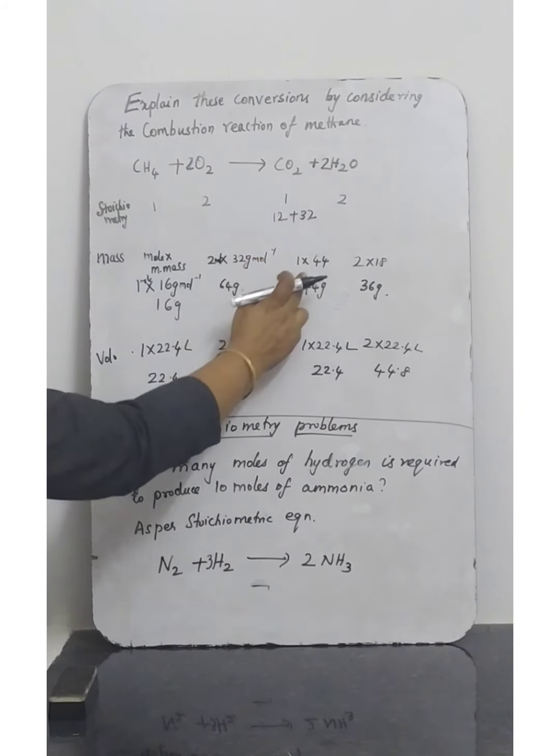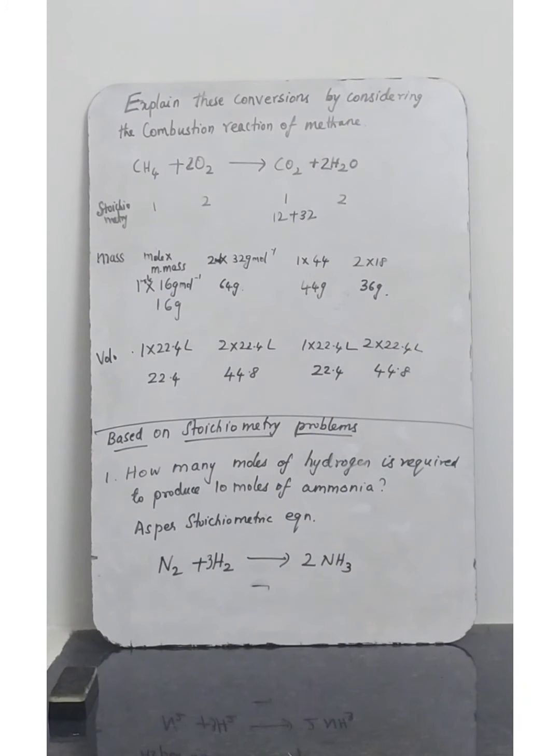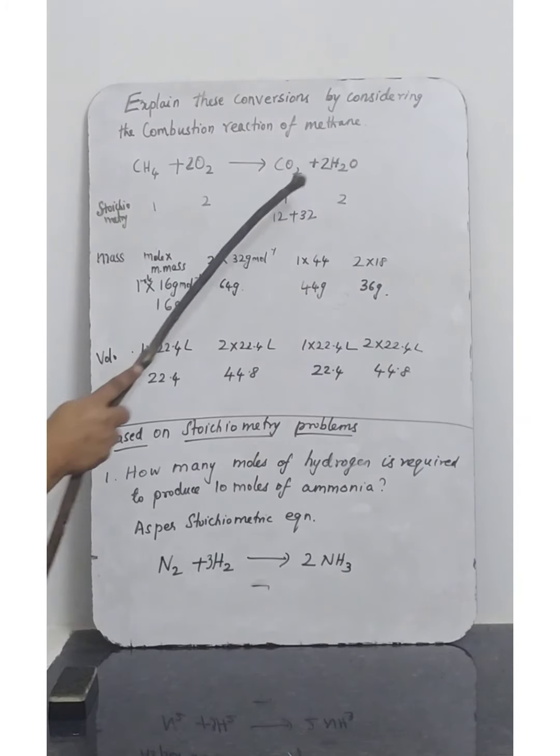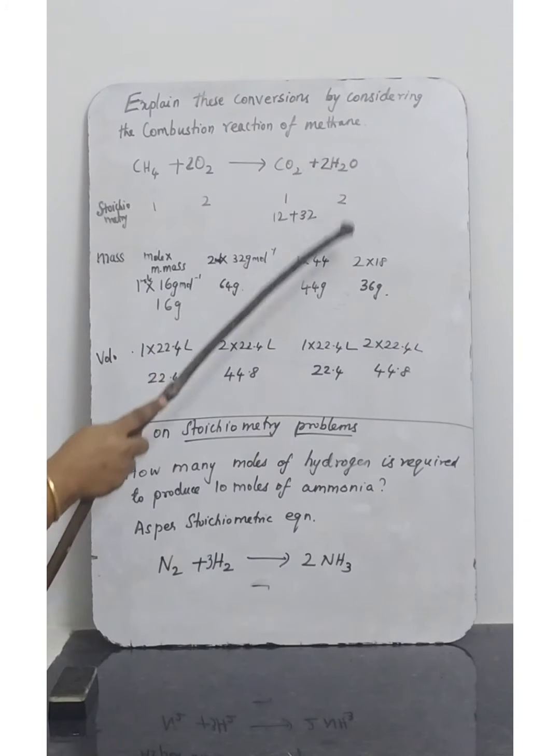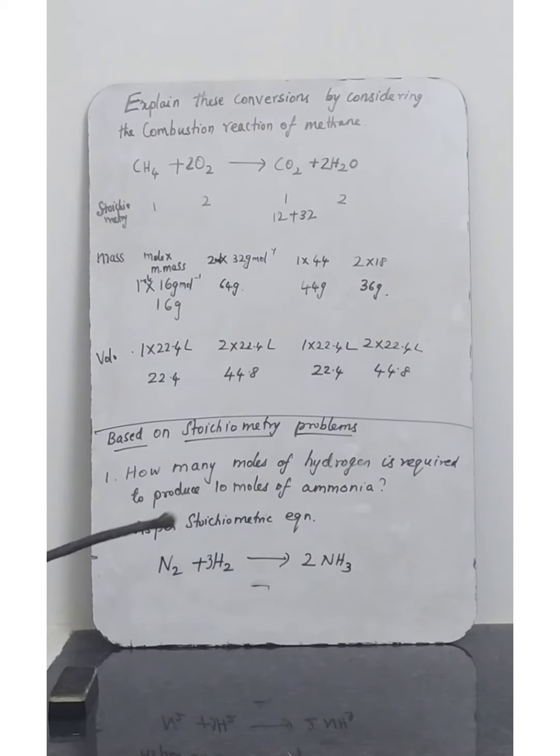If we sum up, 44. So 1 mole into 44 gram per mole, the mole is cancelled, so 44 gram. Then 2 moles of water. You learned in 10th standard that the molecular mass of water is 18. So 2 into 18, 36 gram.